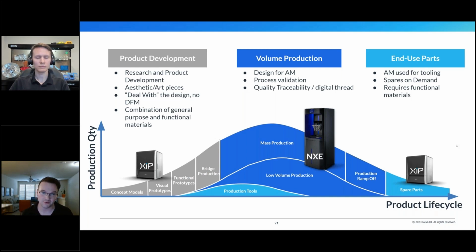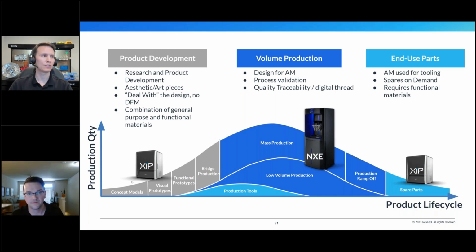So now you're graduating with the same technology from concept modeling and functional prototyping through to low and mid-volume production, perhaps, and then getting into even spare parts and MRO activities on the tail end of the product lifecycle. Because you're not having to change that technology or change the way you're manufacturing or designing either, you get to leverage that technology from point A to point B and beyond pretty seamlessly.